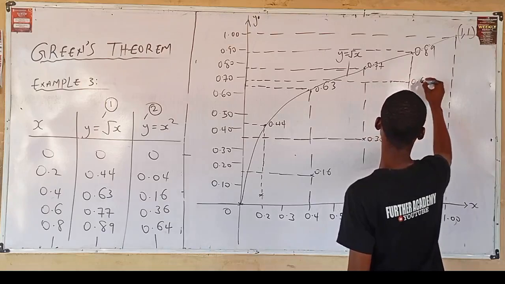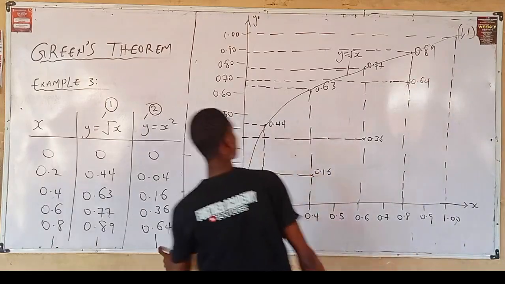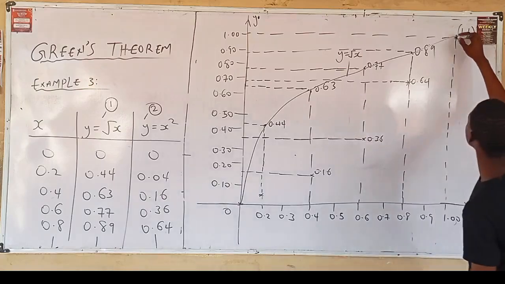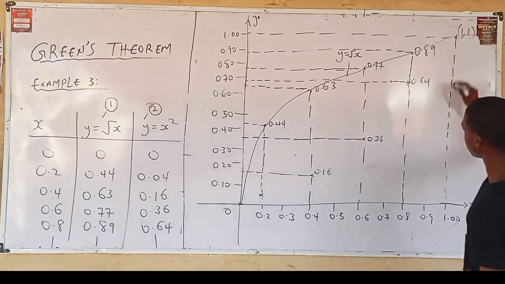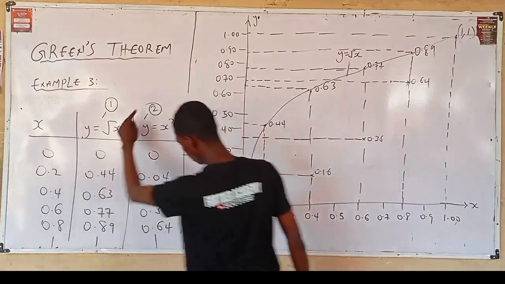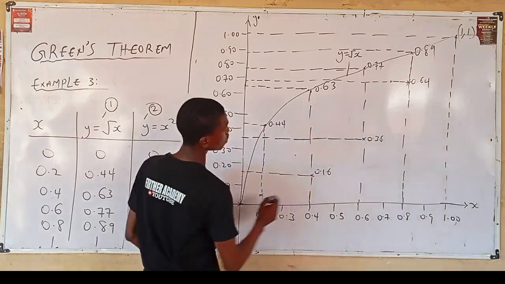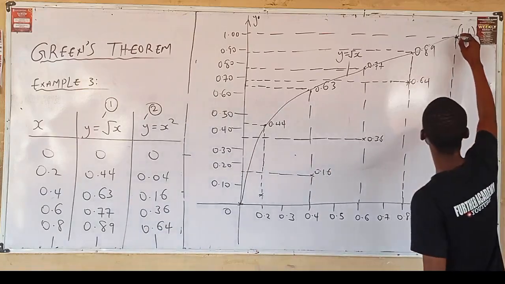So this is 0.64. Then lastly, we have 1, with what? 1. We have it here. For this curve, when x is 1, y equals 1. So you still have it here. Now join this curve together as well.